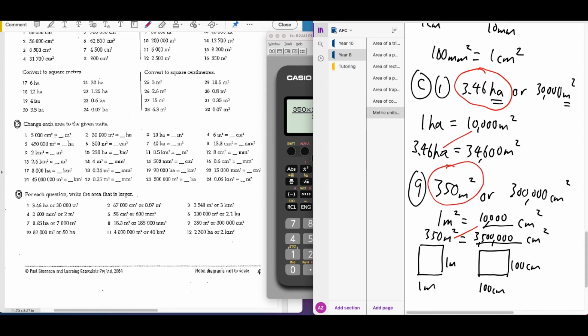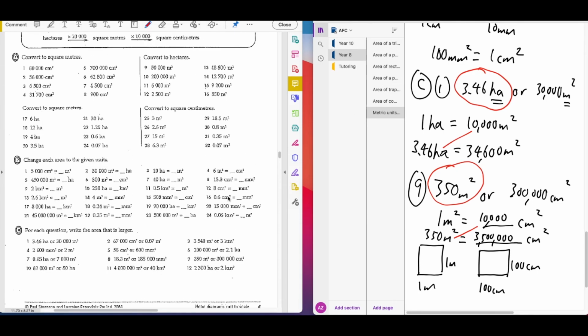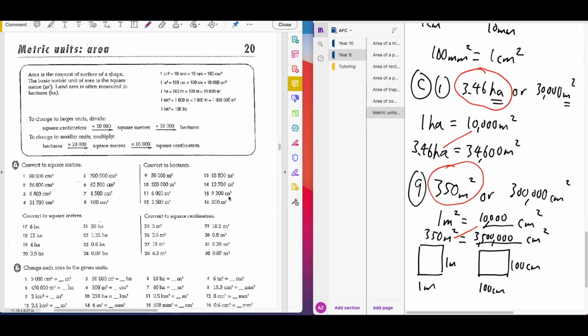Okay. All right. So that brings me to the end of today's lesson. So just to summarize, in today's lesson, what I explained to you is how to convert from one unit of area to another unit of area. The best way is to just memorize the result.